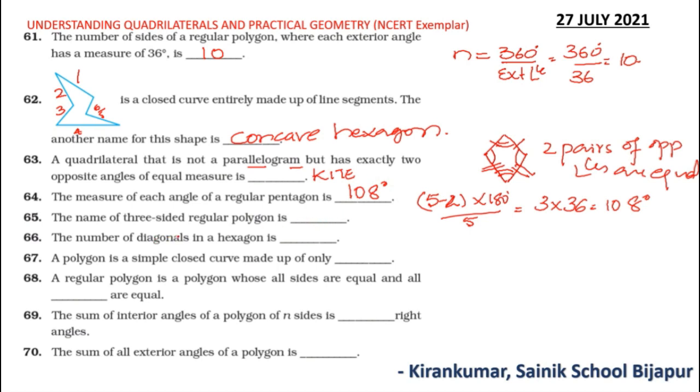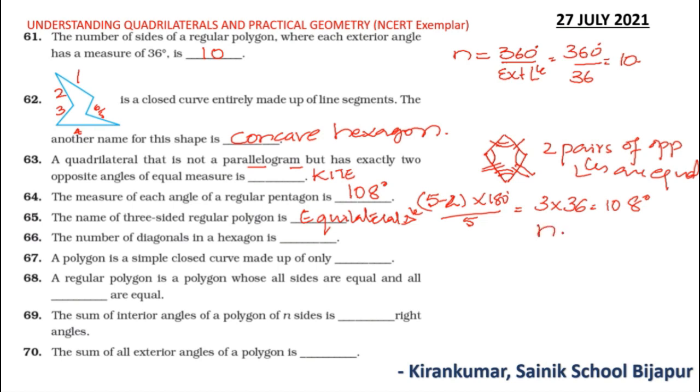Question 65. The name of three-sided regular polygon is equilateral triangle. Question number 66. The number of diagonals in a hexagon is.